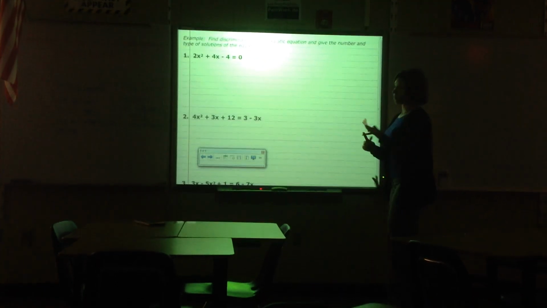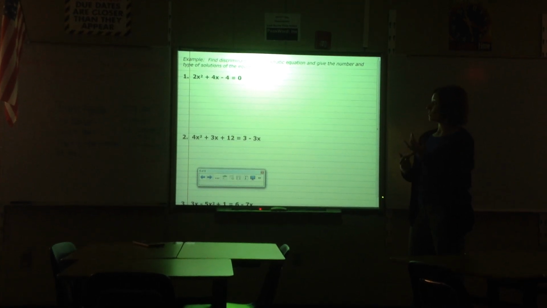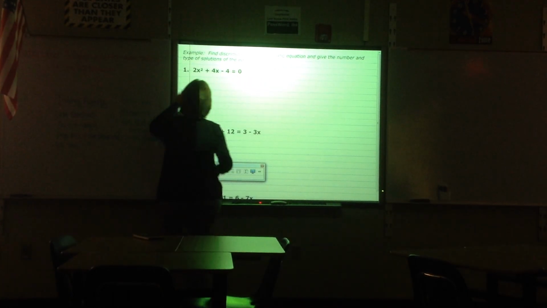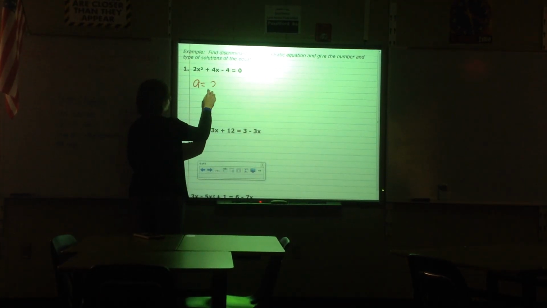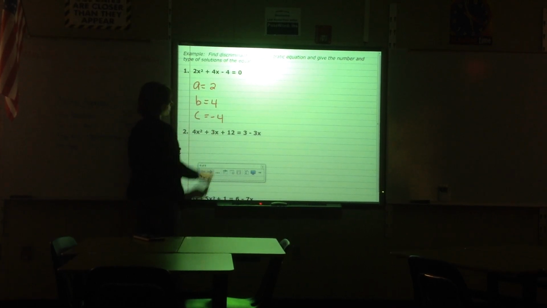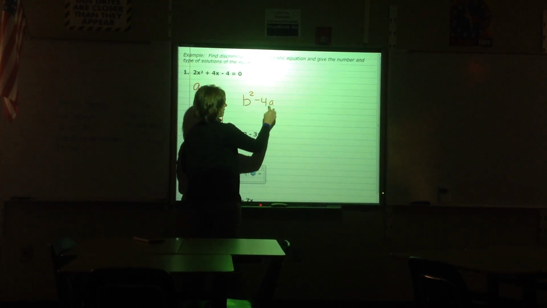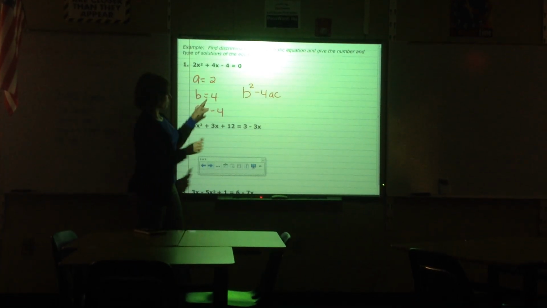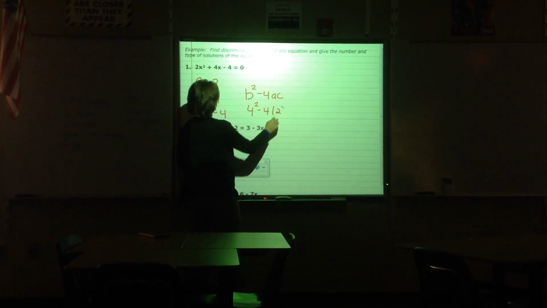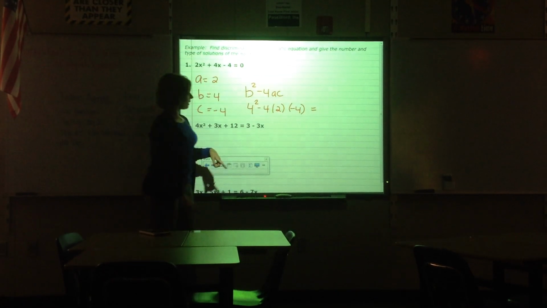So your directions are going to be find the discriminant of the equation and give the number and type of solutions that it will have. So in this standard form, our a is 2, our b is 4, and our c is -4. So you're just going to look at b squared minus 4ac, which would be 4 squared minus 4 times 2 times -4. Okay?